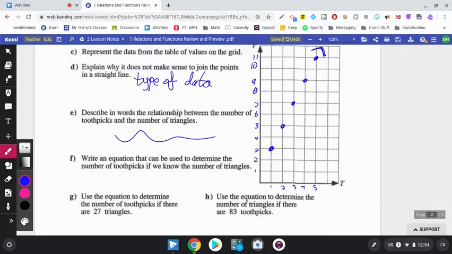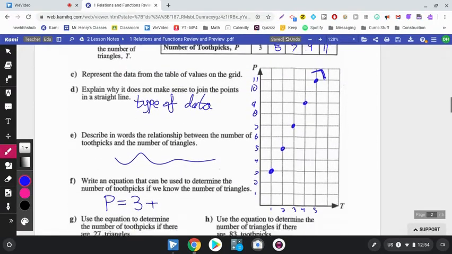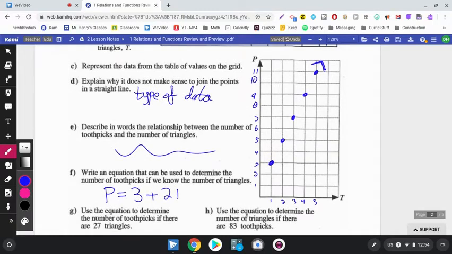Write an equation. Okay, the number of toothpicks, which was P, equals, okay, well, what we said was I start with my base of 3 plus every time I add a triangle, I'm getting 2 more toothpicks, so 2 more T's.